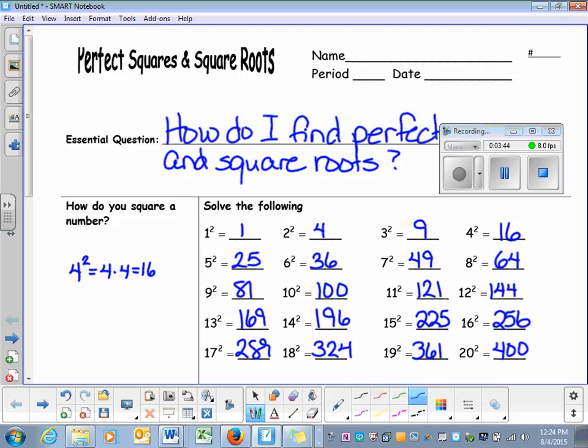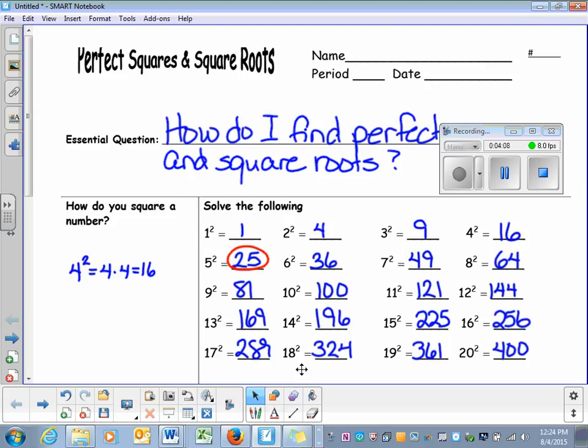Now these are the basic perfect squares. We say that 25 is a perfect square because 5 times 5 is 25. And in elementary school, when they learn about perfect squares, they actually get out little square tiles and make squares. 5 squares down, 5 squares across, and build a square out of 25 tiles.